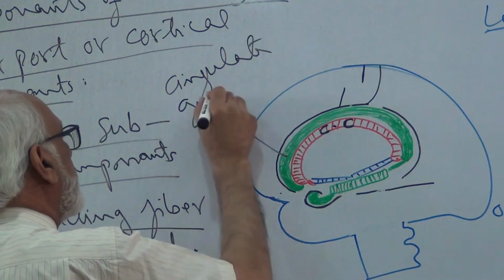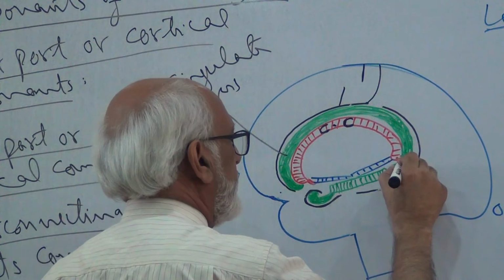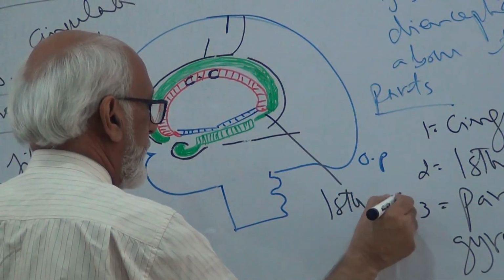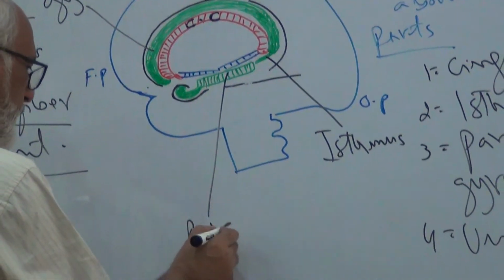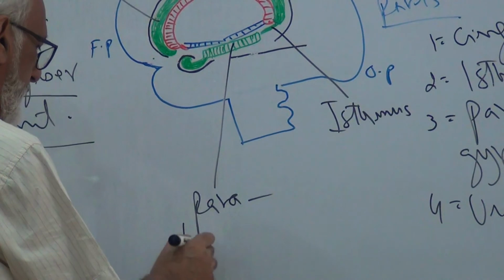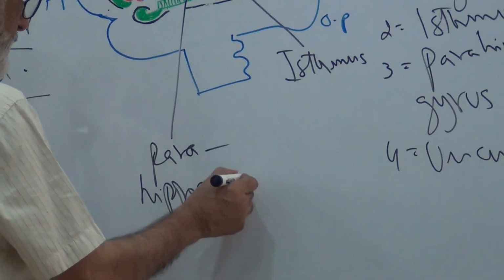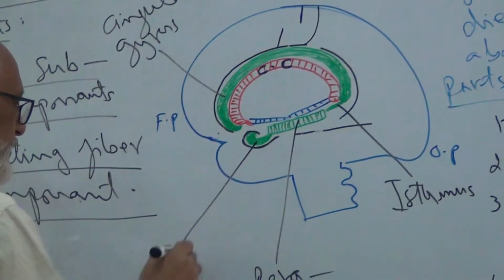Cingulate gyrus. Then this is the isthmus. This is the parahippocampal gyrus. And this is the uncus.